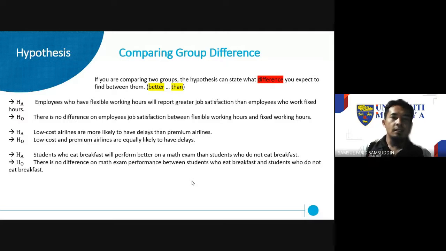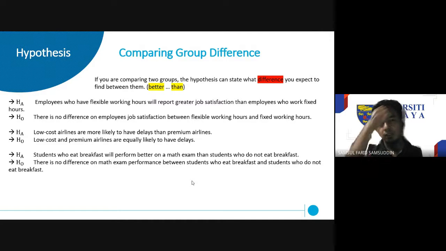All right. These are examples of hypotheses that you can apply in your research design. Again, it will reflect your research question. If you want to see a difference or comparison, you may apply this kind of hypothesis for comparing group differences.